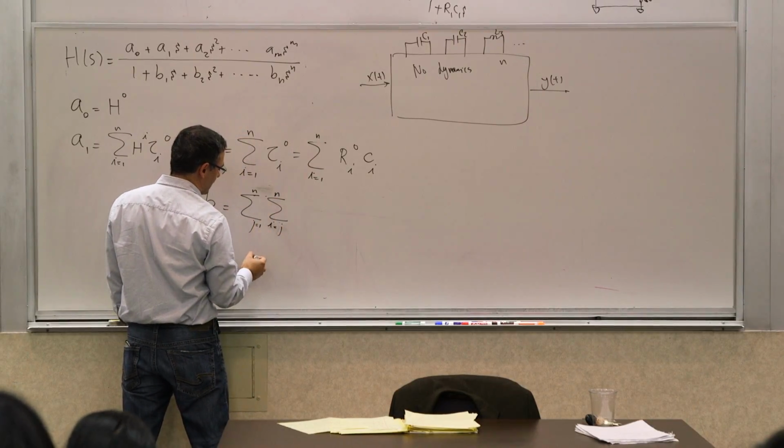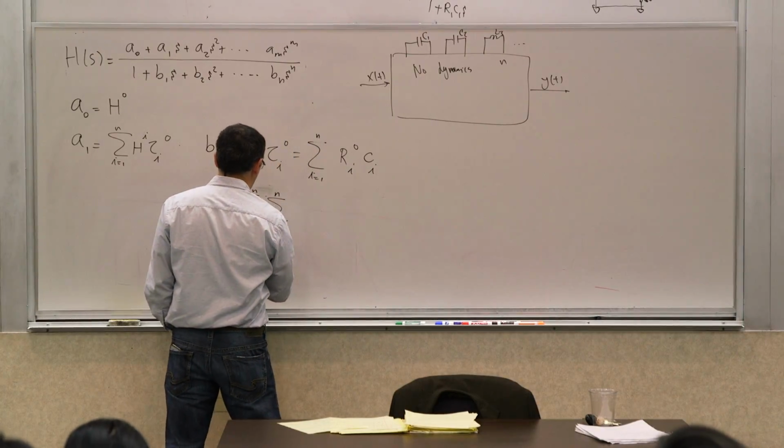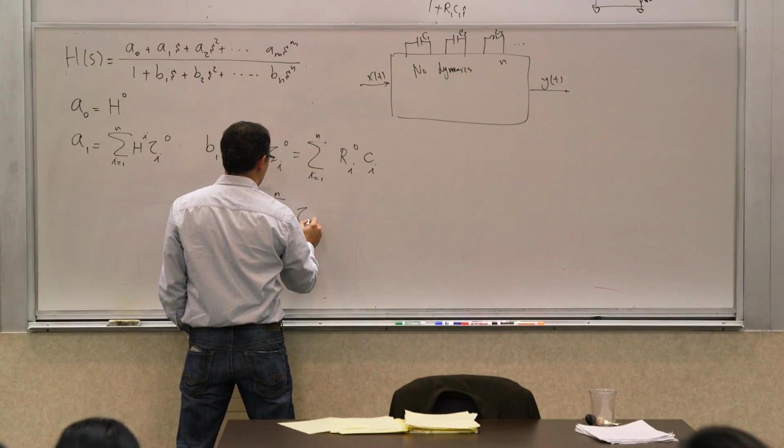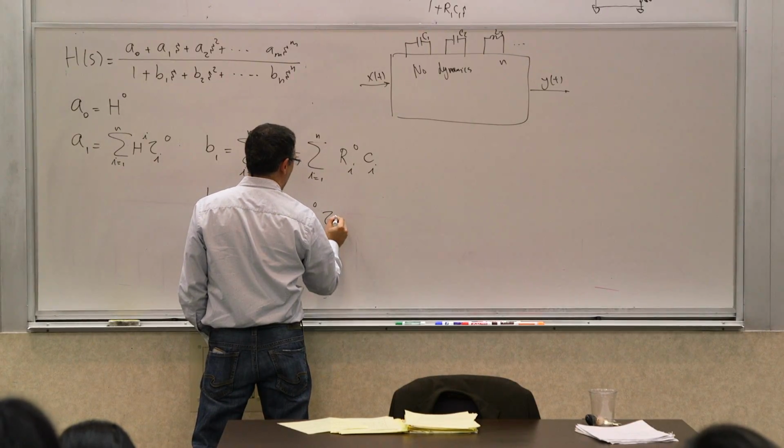There's another way of writing this: it's the sum over i and j of tau i0 times tau j^i.